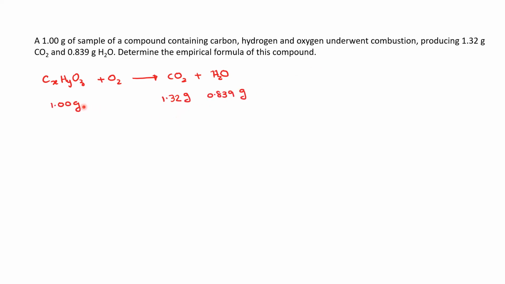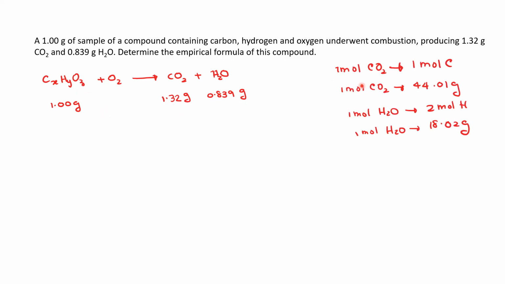Now remember your original compound weighs 1 gram and you are given the mass of carbon dioxide and water. From this information, we can find the number of moles of carbon and the number of moles of hydrogen. So we have to figure out a way to use this mass to find the number of moles of oxygen.